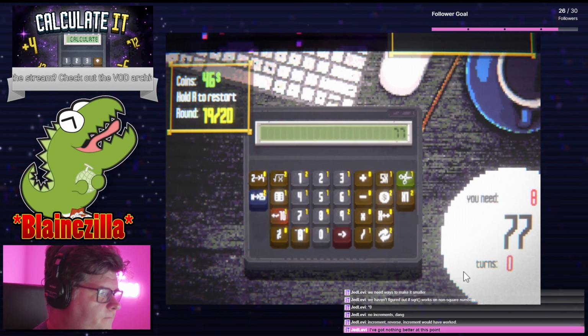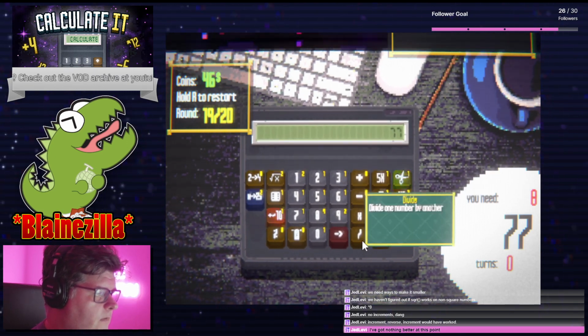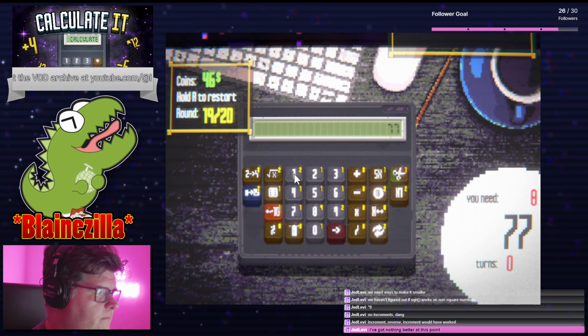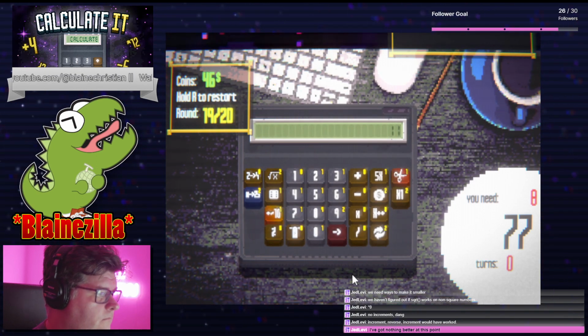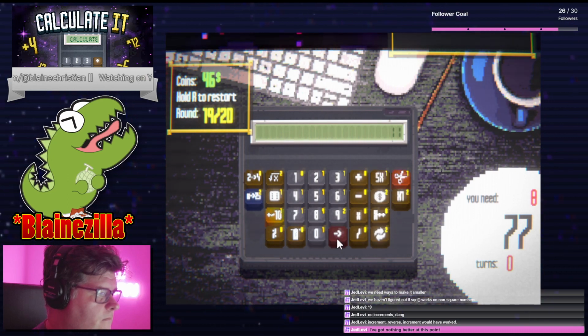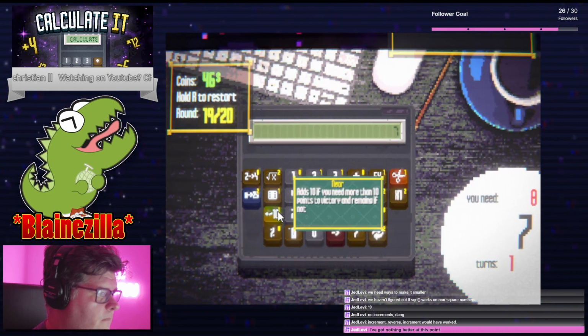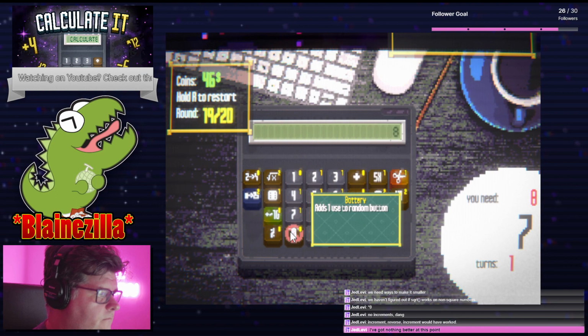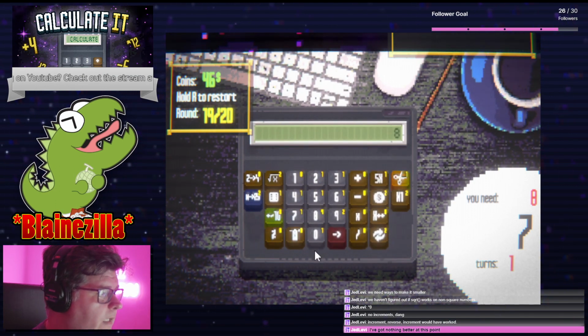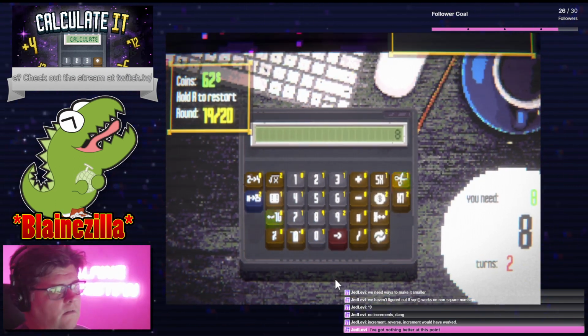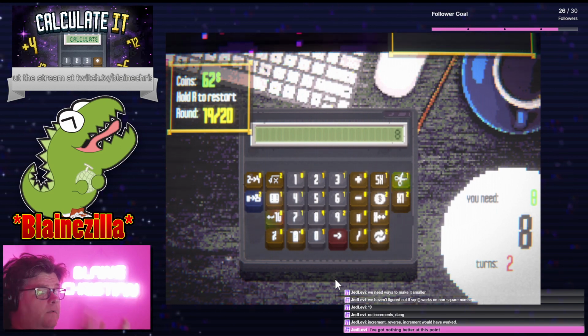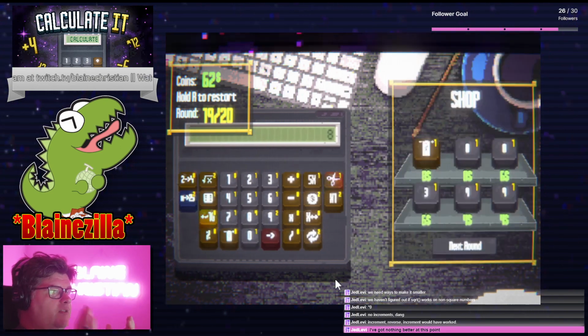Cut. Divide by 11. That's going to be all of our ones. That hurts. And then near. Oh, we don't have, do we not have a, oh, we do have a near. Oh, God. I almost had a heart attack. Okay. Round 20 with 62 bucks.